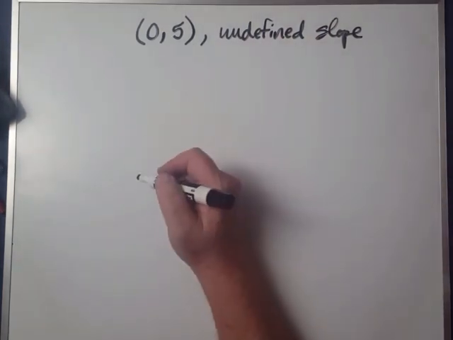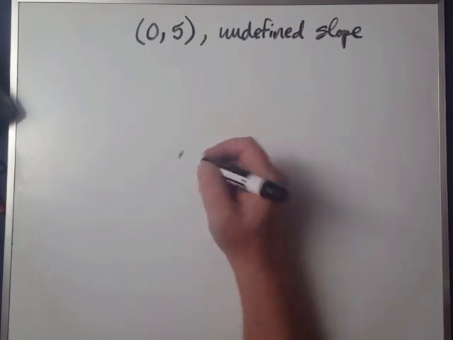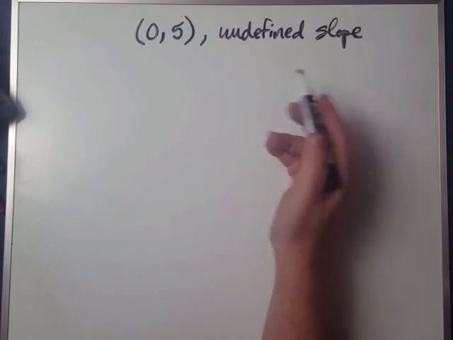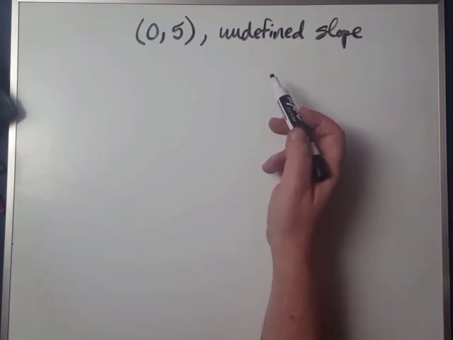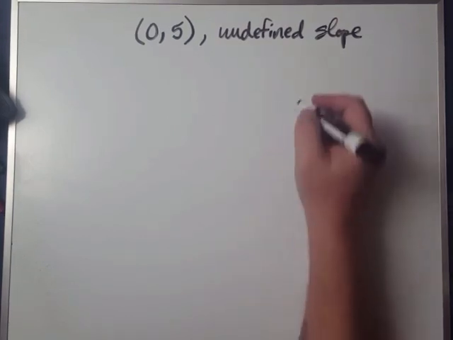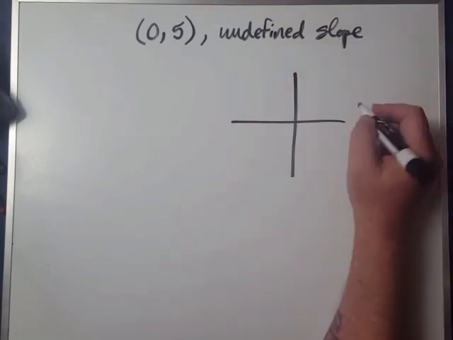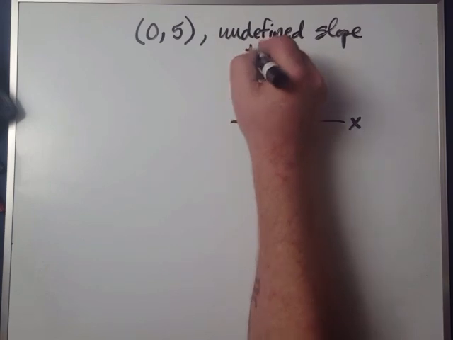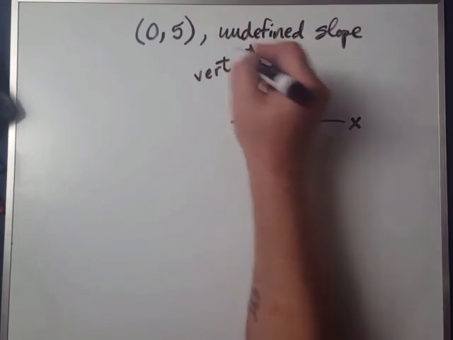You can't plug that slope in anywhere because undefined is not a number. So you cannot plug that in to y equals mx plus b. So your best bet is to realize that undefined means what? I've got a vertical line.